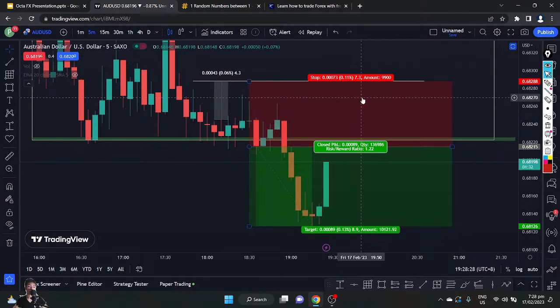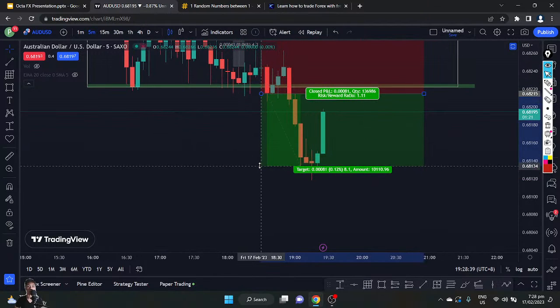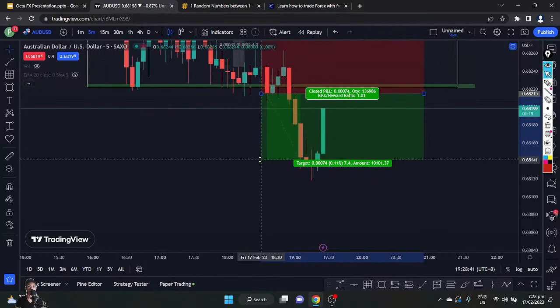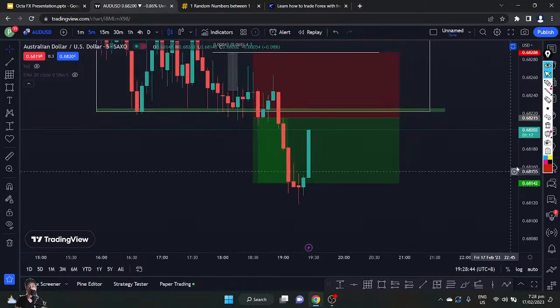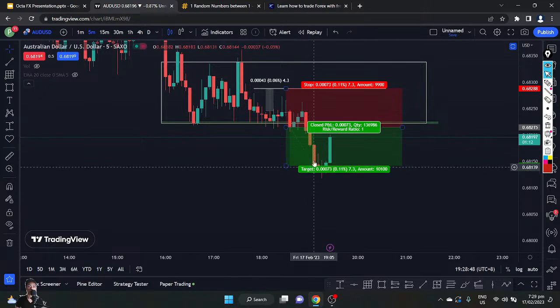So after identifying how many pips we have for our stop loss, we can start trading with it. All right. And then what we can do is to just aim for at least a 1:1 risk to reward ratio. And as we can see, following this trade, we already won with this red candle right here.